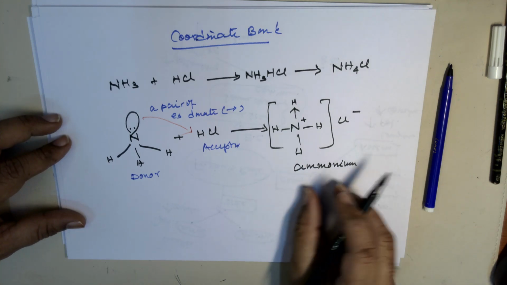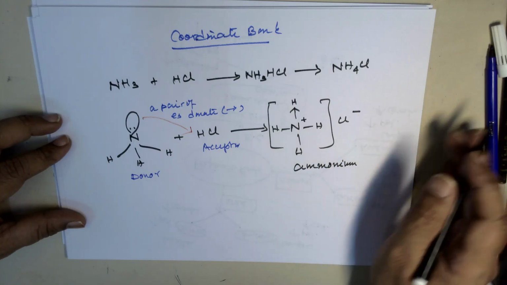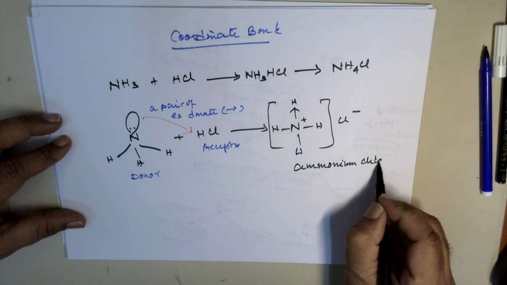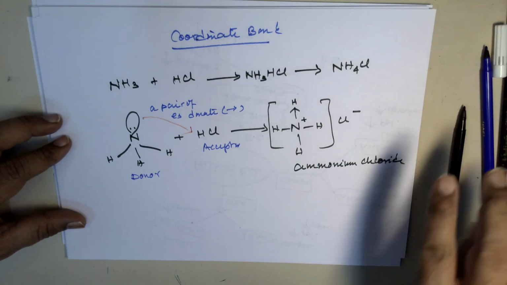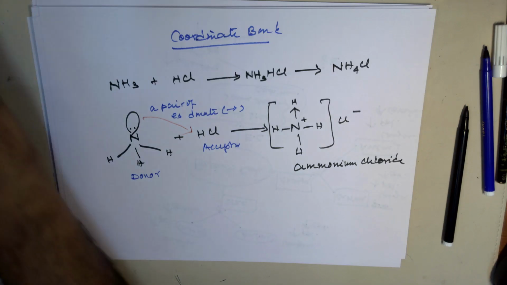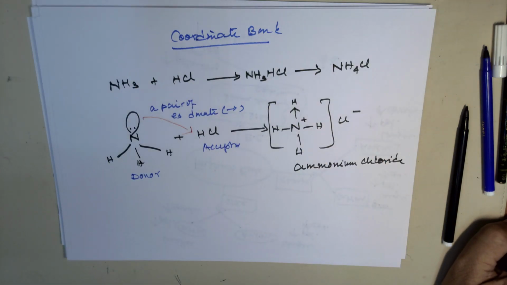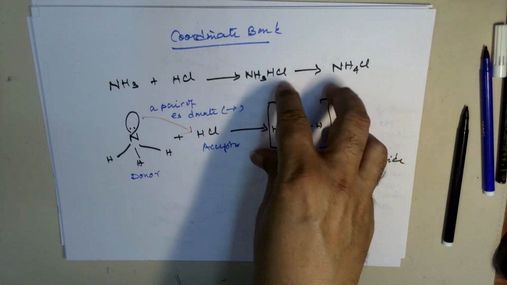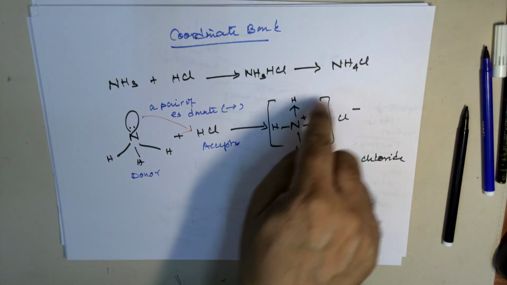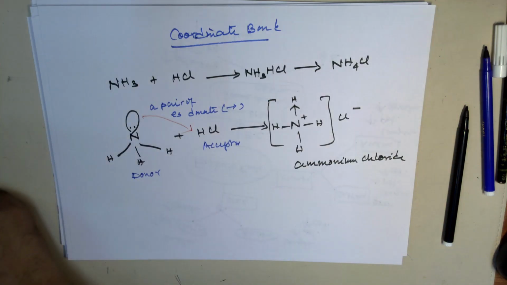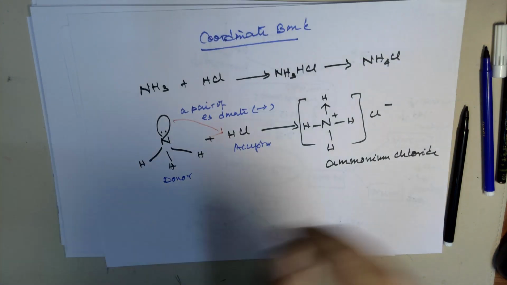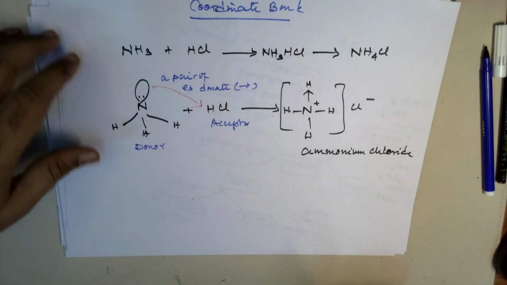This -ium represents the cationic nature of ammonia. Then chloride. So the overall charge is plus, and this is reflected as NH4+. Similarly, we can build up other examples also.